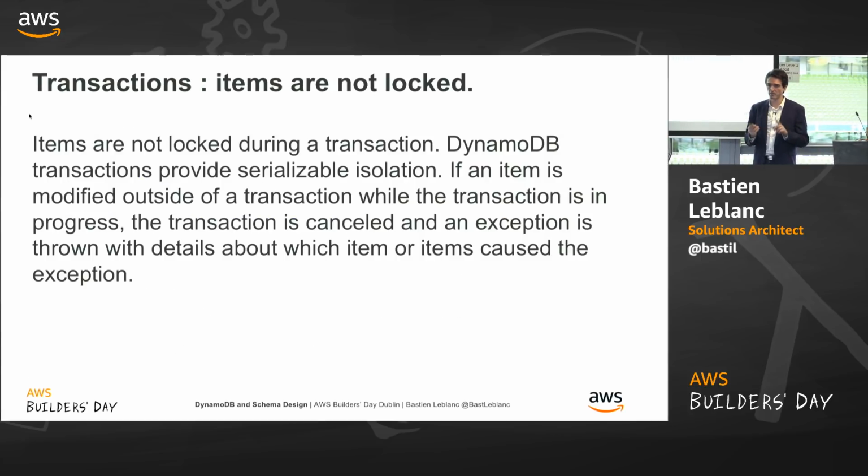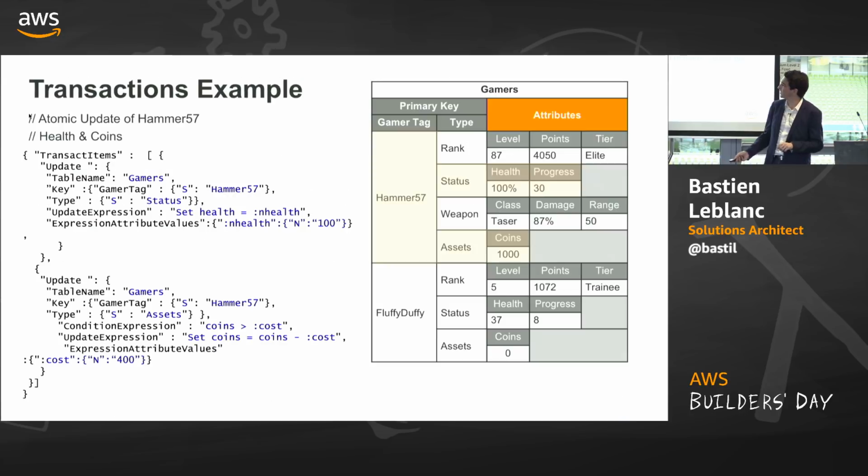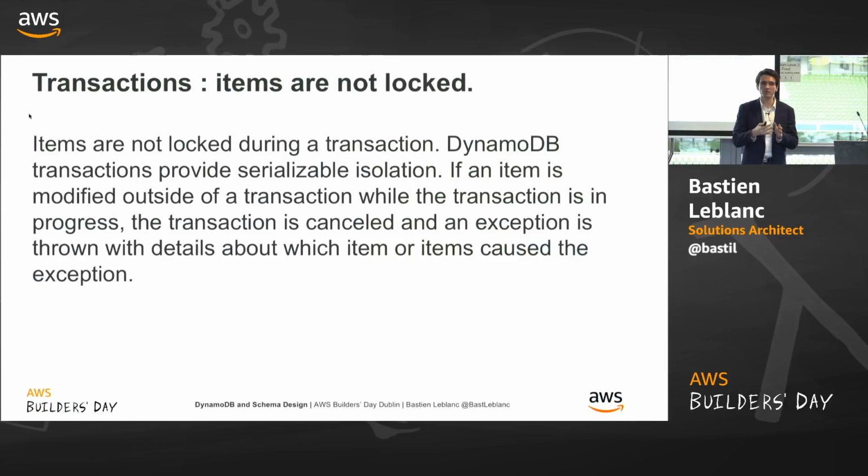So like I said, the most important thing to remember is that items are not locked during the transactions. Which means that if you have, in your example here, another event that tries to modify one of these attributes during the transaction, your transaction will fail because we can't have a consistent answer.